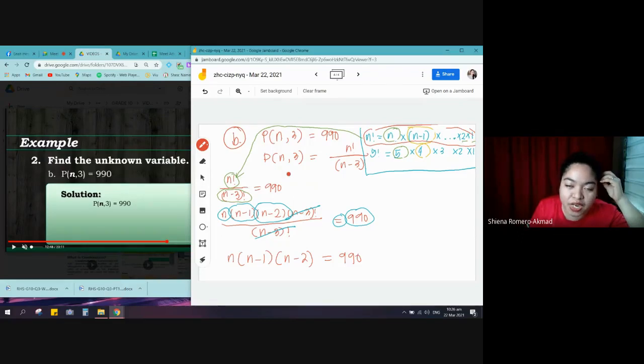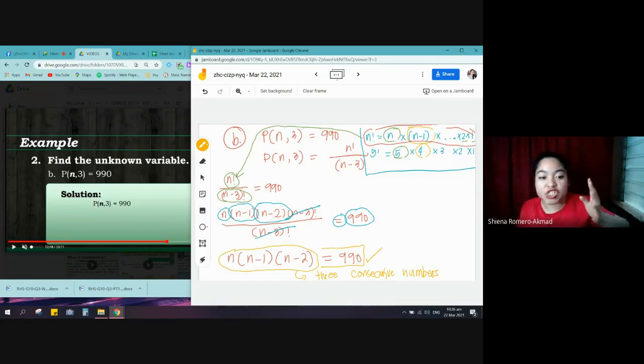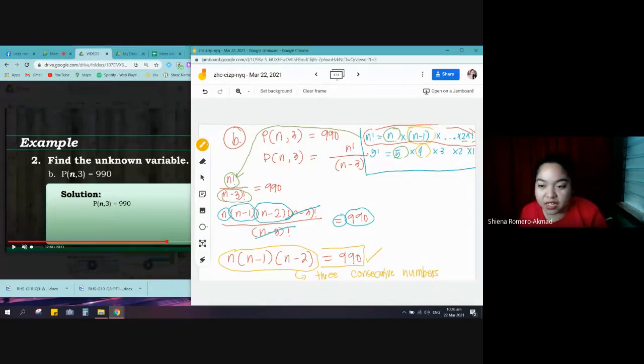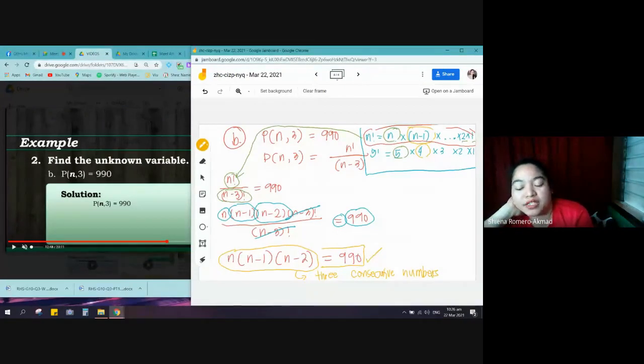Ang ibig sabihin ng tatlong yan is that there are three consecutive numbers dapat ang product nila ay 990. So you think of 3 consecutive numbers na ang product ay 990. Sige nga, mag-isip kayo ng 3 numbers whose product is 990.